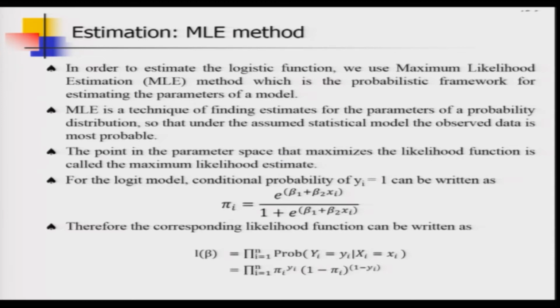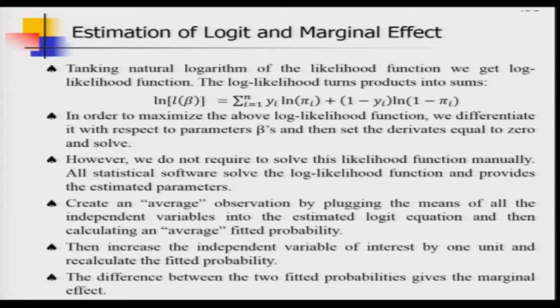Note that I am skipping some steps in this theoretical calculation, because ultimately this is not a theory class and we are not going to pay much attention to proofs. So, I am going to skip a couple of steps so that I save time. Now you take the natural logarithm of the likelihood function and we get the log likelihood function.